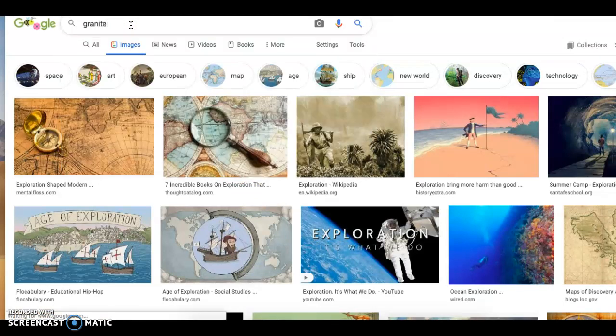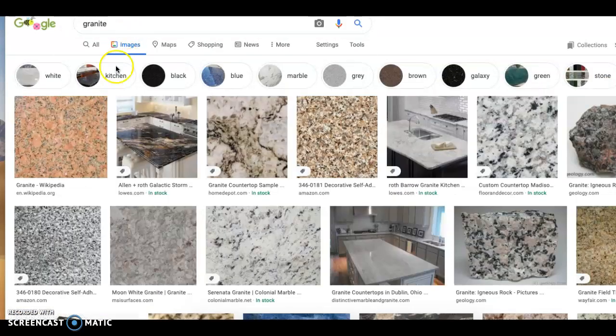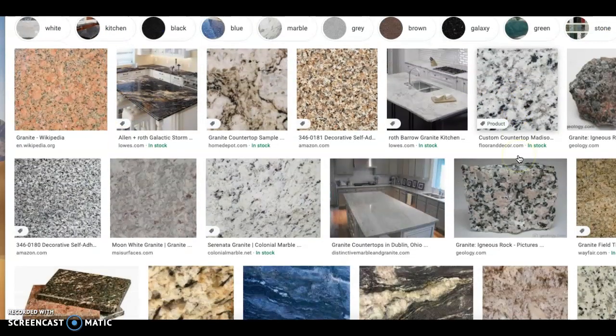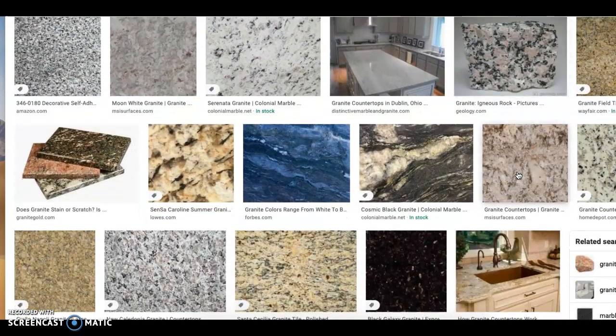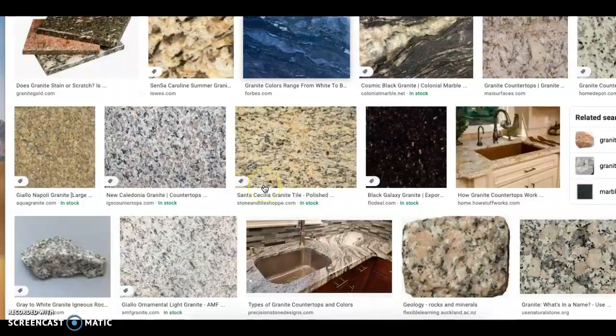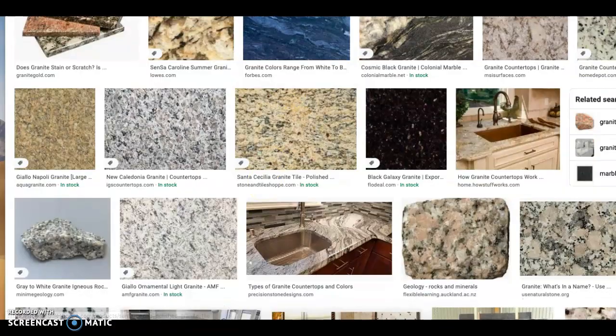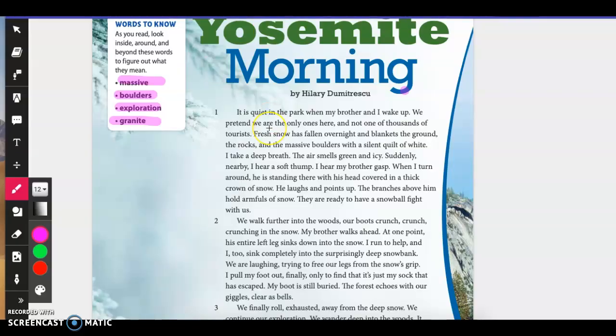This is what granite looks like. A lot of times you'll see granite on countertops. It's often used as a building material. Very beautiful.